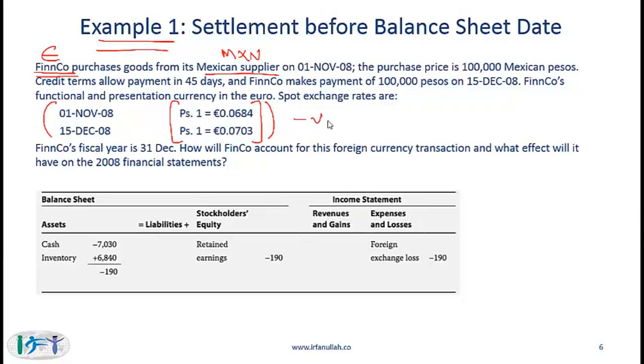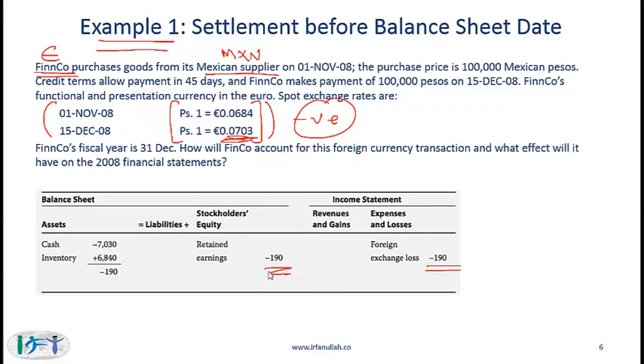This obviously is a negative for the importing company because it is now having to pay in peso, which is more expensive. This is a higher number, and that is shown over here through the fact that there is a foreign exchange loss because of the appreciation of the foreign currency, and that carries over to retained earnings.